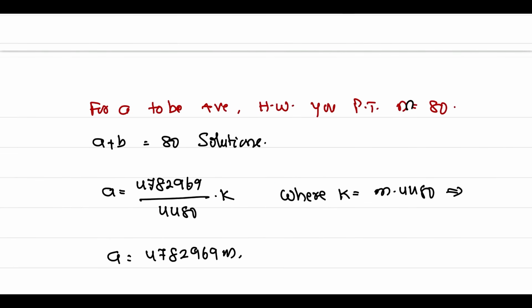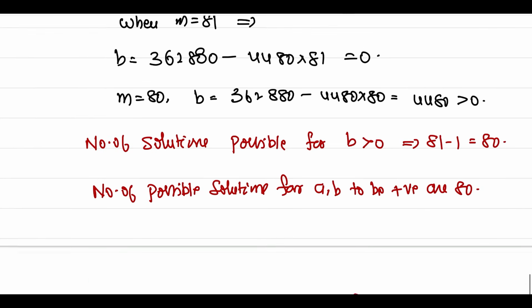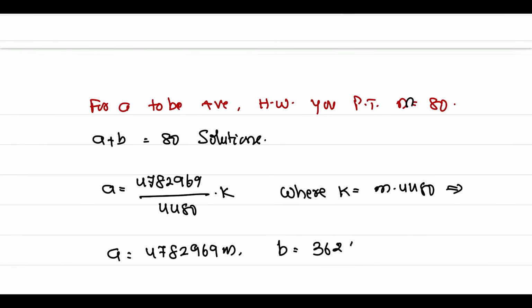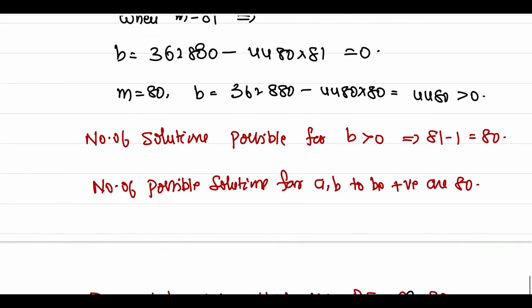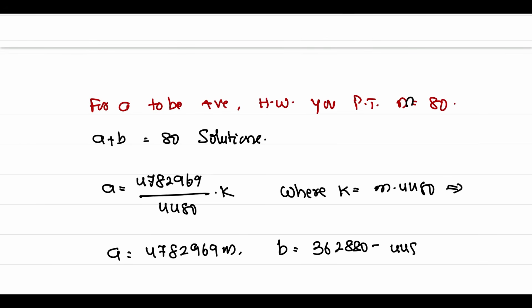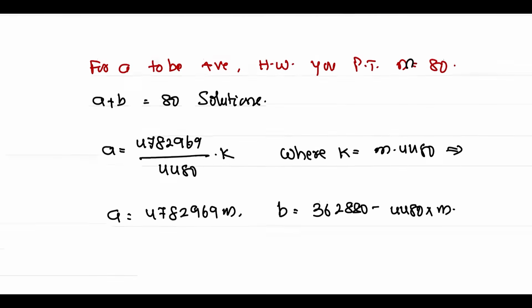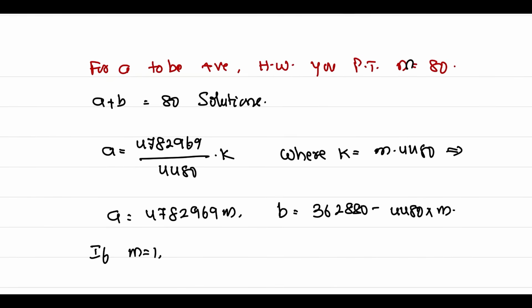and B is equal to 362880 minus 4480 into M. If M is equal to 1, it implies A is equal to 4782969, B is equal to 362880 minus 4480 into 1, that is equal to 362880 minus 4480, that is 358,400.